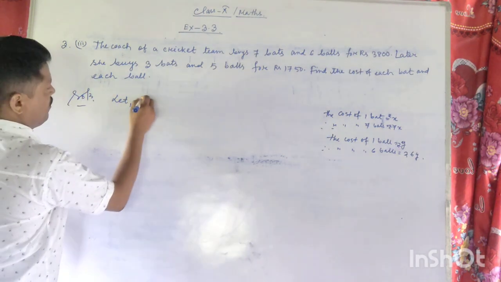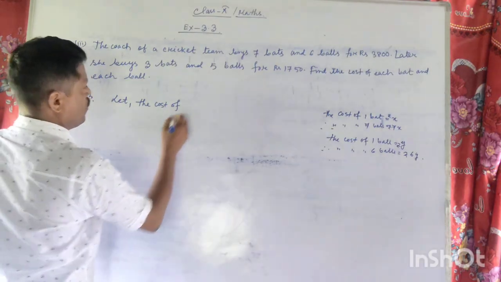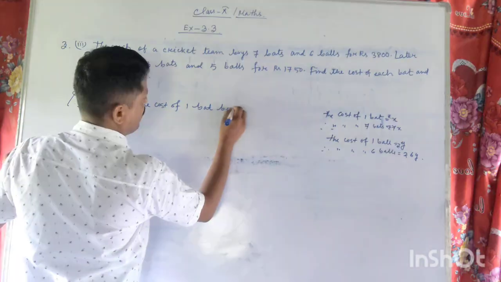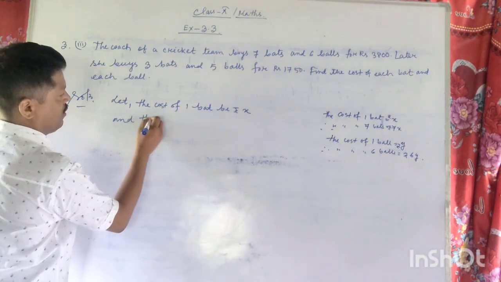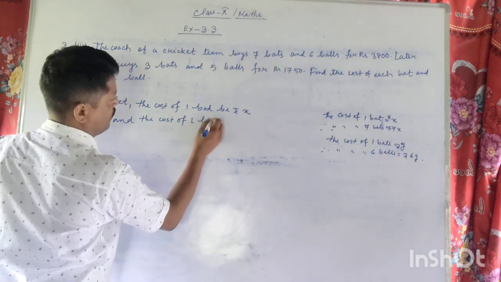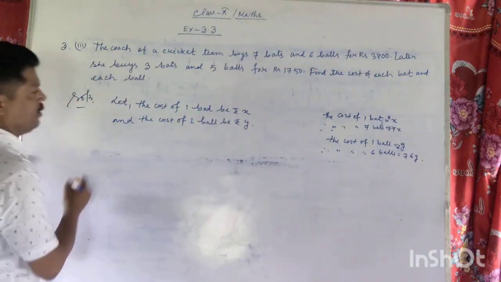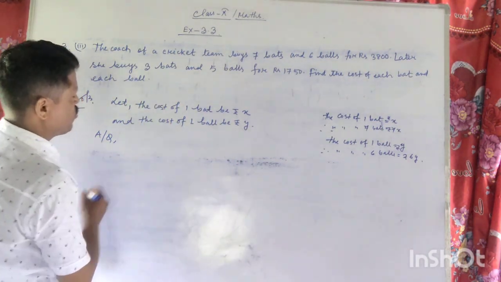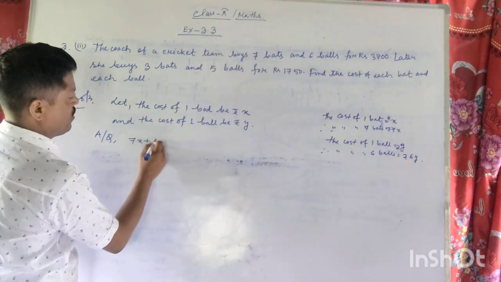Let the cost of 1 bat be rupees x and the cost of 1 ball be rupees y. Now according to the question, the first time 7 bats means 7x plus 6 balls means 6y.